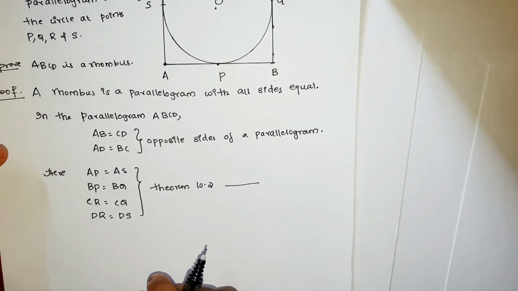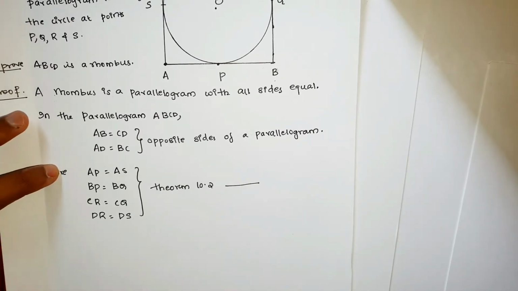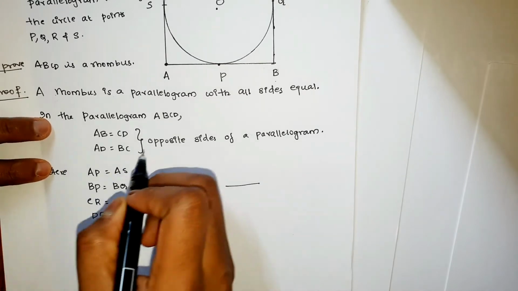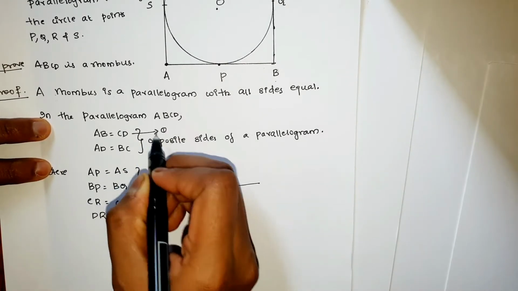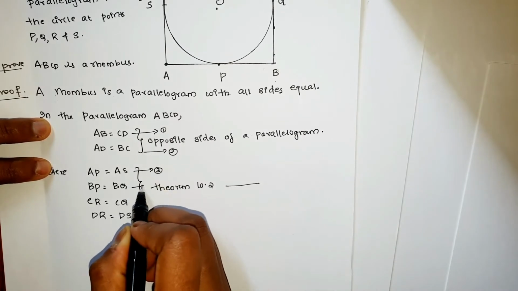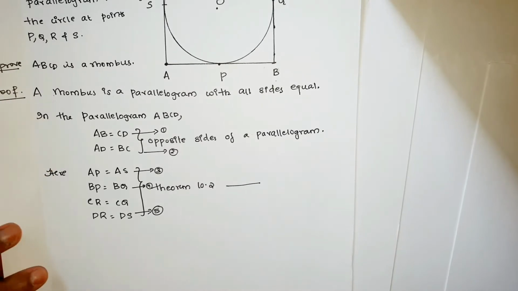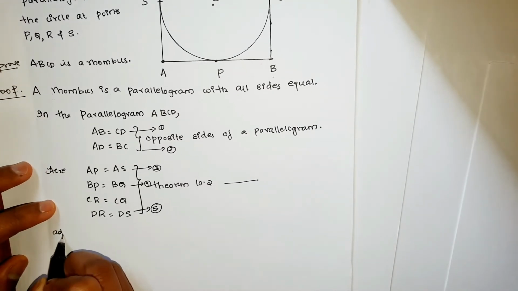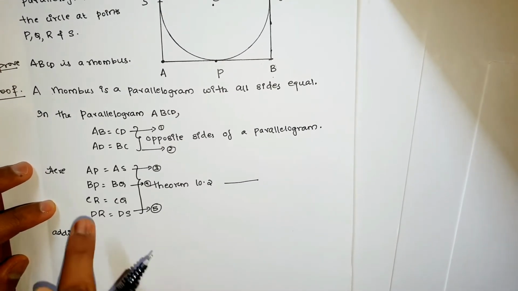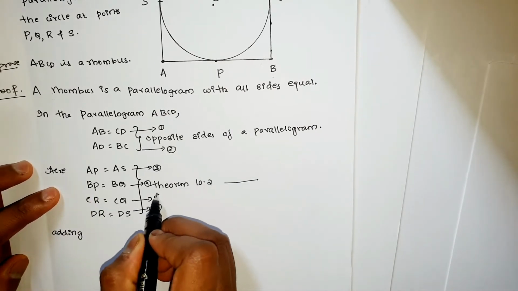Length of tangents drawn from an external point to a circle are equal. I am giving this as equation 1, this as equation 2, 3, 4 and 5. Next we can add 3, 4, 5, sorry, this is 5 and this is 6.